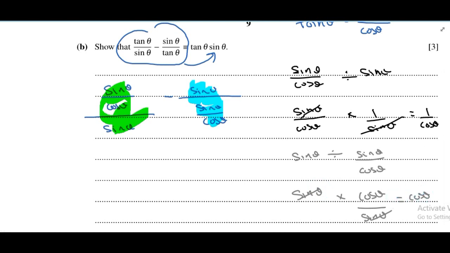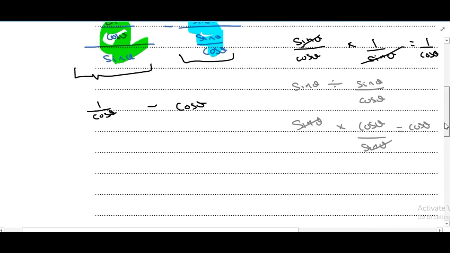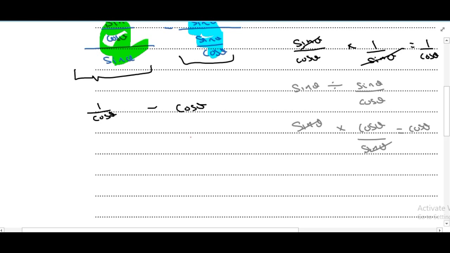Now let's put this in our problem. This as a whole was equal to 1 over cos theta, minus this, which as a whole equals cos theta. So if I rationalize it, it would become multiplying by cos theta.